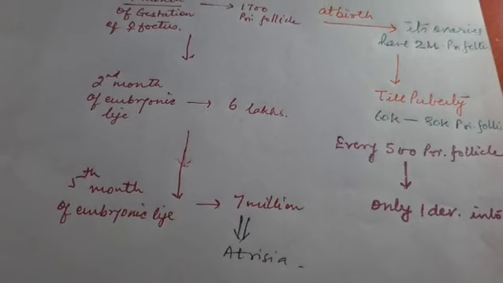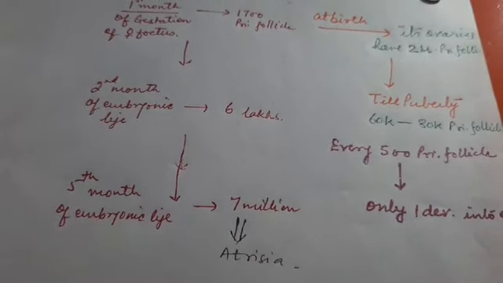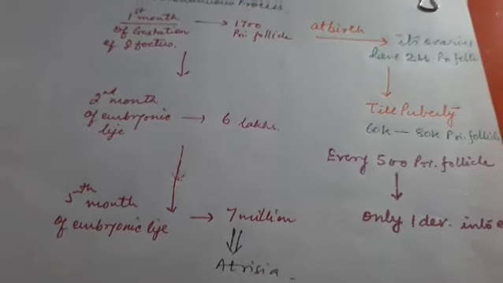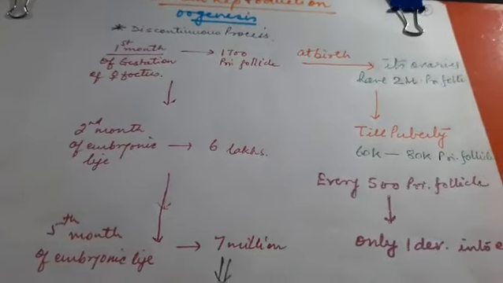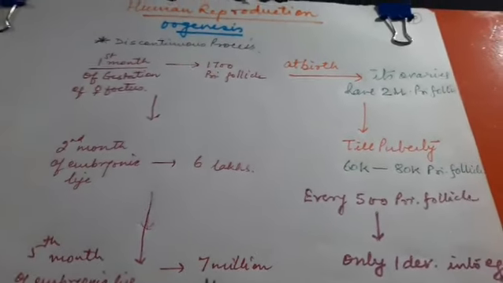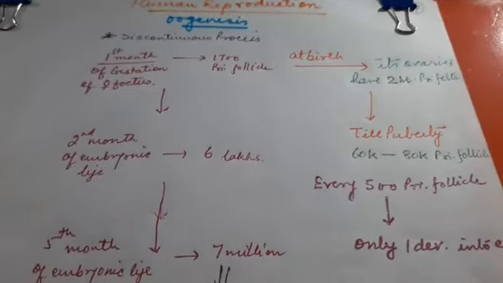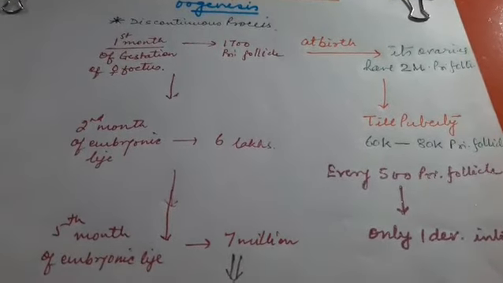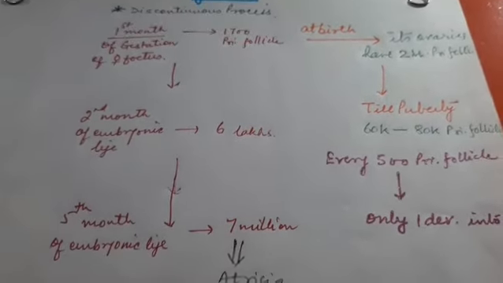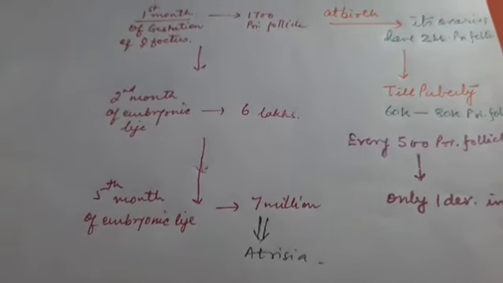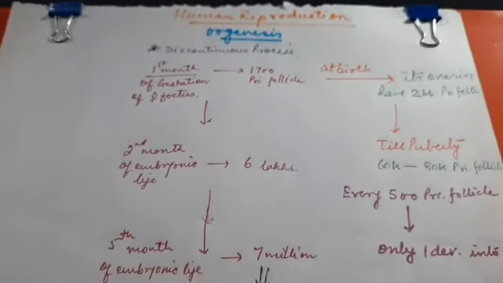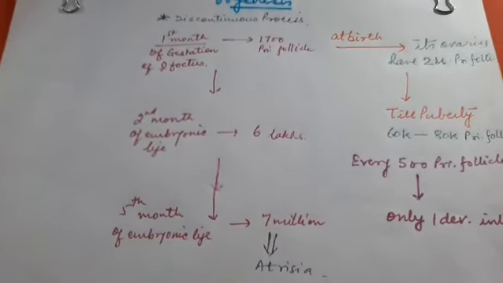That means after birth, no new primary follicle is formed and a large number has undergone atresia. Originally by the 5th month it was 7 million and now 2 million are left.